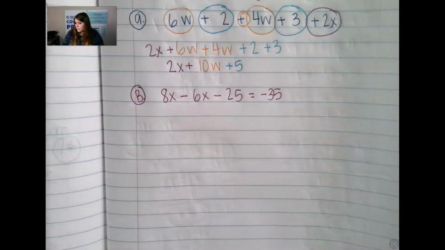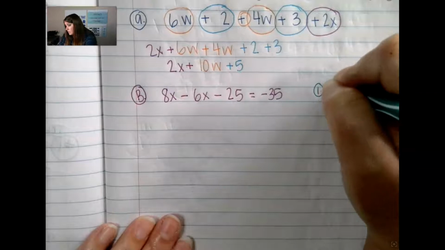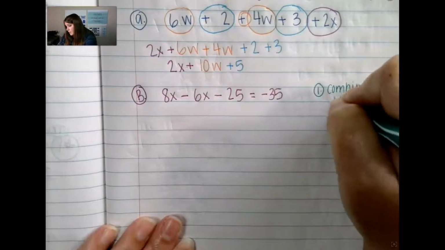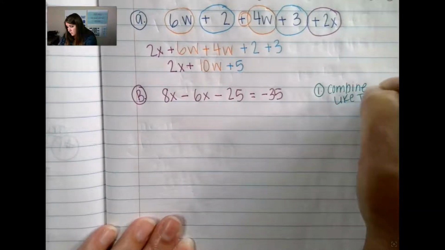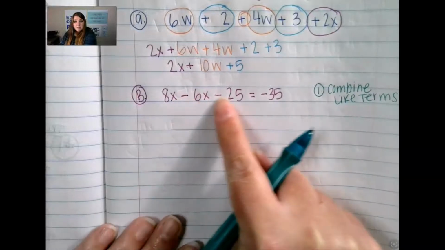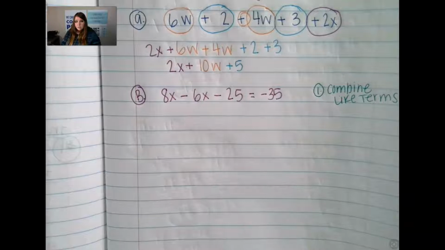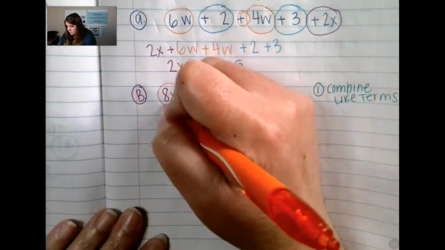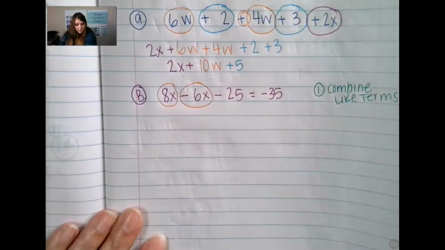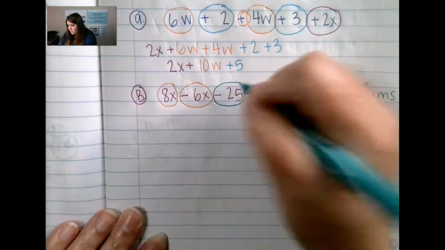So our first step is that we need to combine like terms. Just like we did up here, I'm going to circle the things that are the same. I have an 8x and a negative 6x, and then I also have a negative 25.